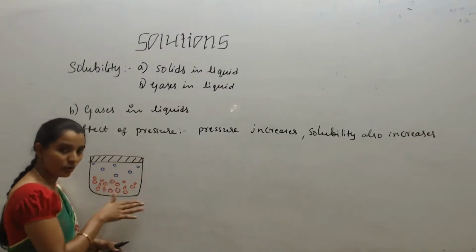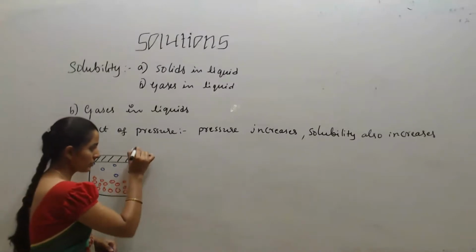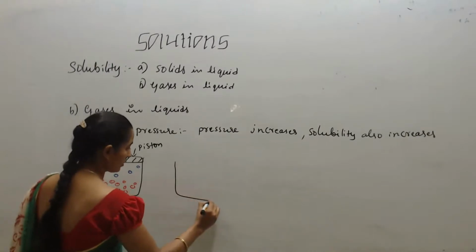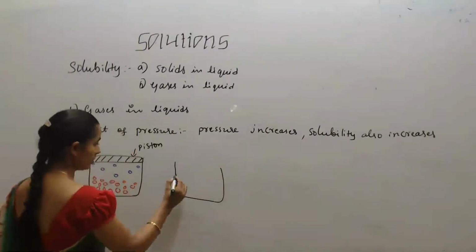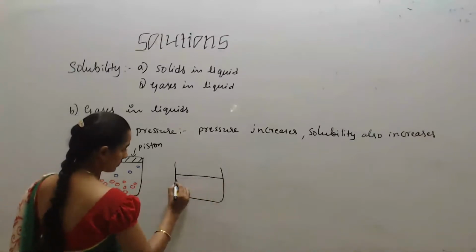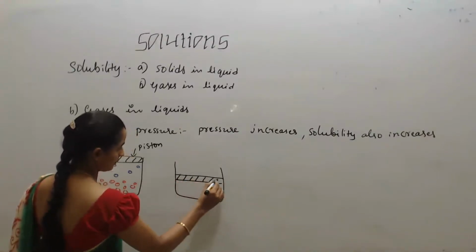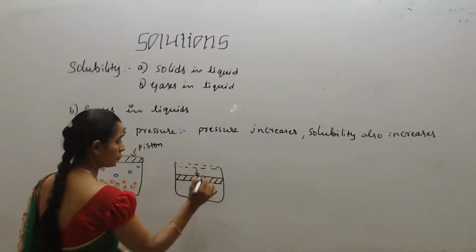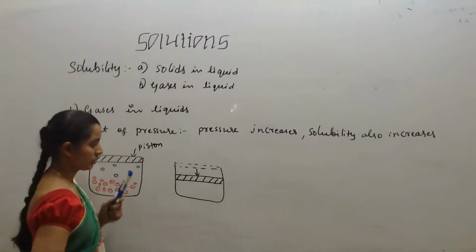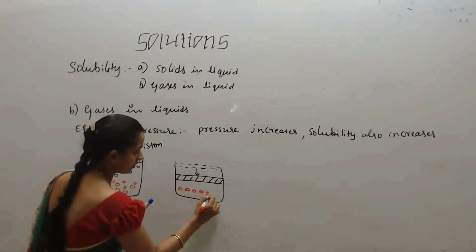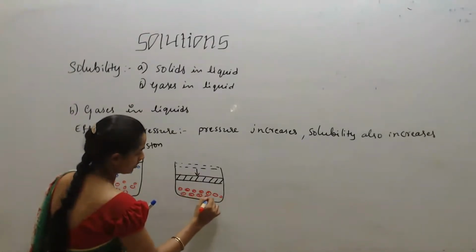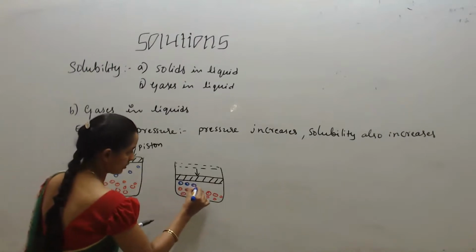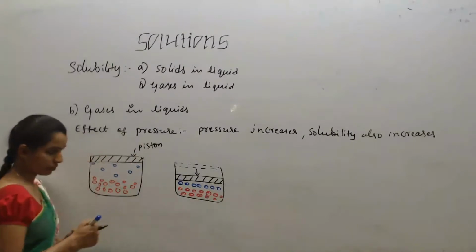If this is the piston, consider the same with another piston. If the piston is here, from here it moves towards this side. Then this is a water molecule, and this one is a gaseous molecule. I hope you understood this, students.